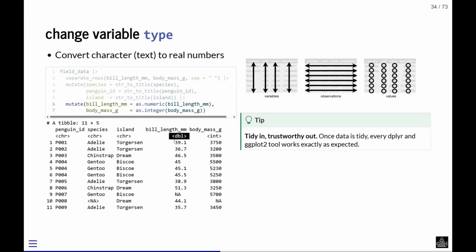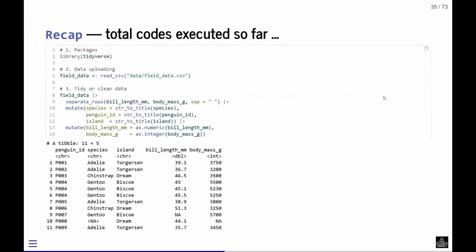So every numeric, whether it is decimal or an absolute value, it treats as a double. And then I said make this body mass column integer, and it did that. So now we can say every variable has its own column, every observation has its own row, and every value has its own cell. So we can call it tidy.